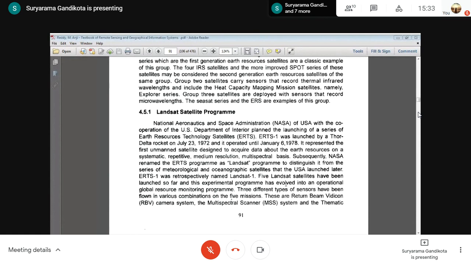This is the Landsat satellite program, about which the National Aeronautics and Space Administration, NASA of the USA, with the cooperation of the US Department of Interior, planned the launching of a series of Earth Resources Technology Satellites.